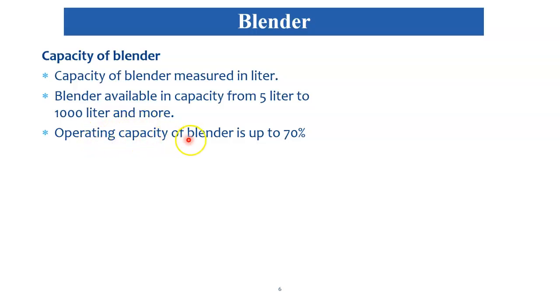The operating capacity of blender is up to 70%. That means up to 70% material or granules can be filled in a blender body, and 25 to 30% shall be vacant for proper mixing of material.